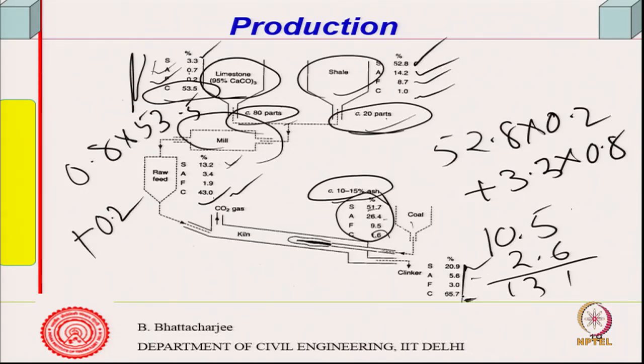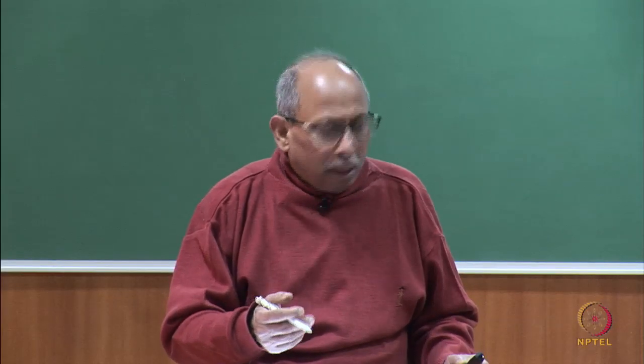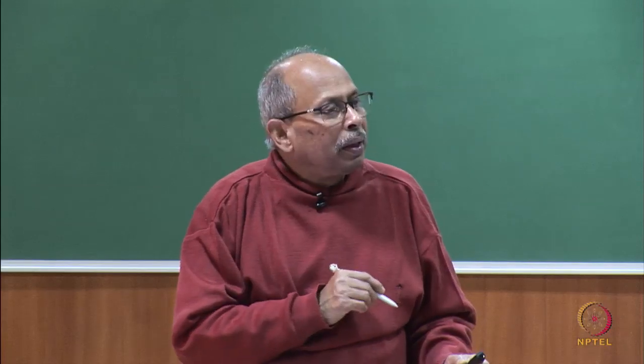Because percentage wise, if you see even in this one, 43 plus 2, let us say 45 plus 3, 48 plus 13 would make it 60 something, out of which 43 is the limestone.